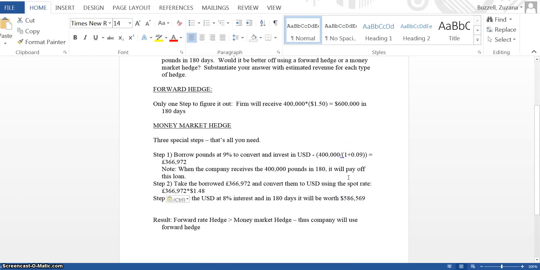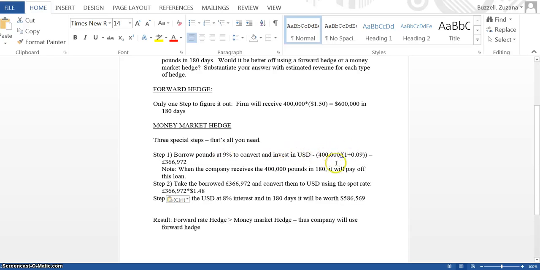Okay? Now, the money market hedge is actually a three-step problem, or I call it the three special steps. That's all you need. Step 1, you will have to borrow pounds at 9% and convert them into USD.